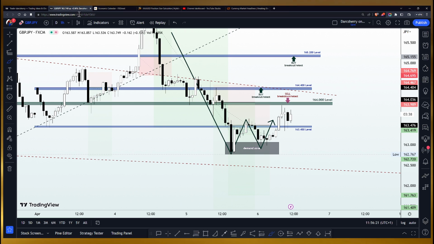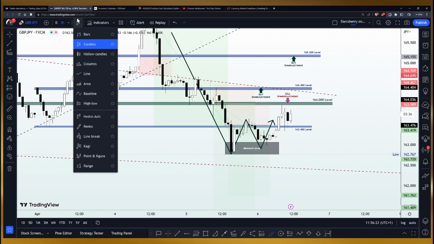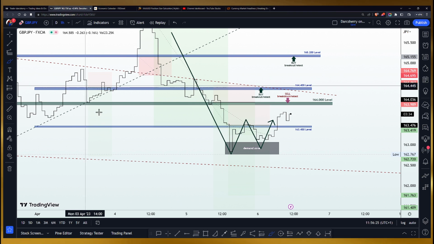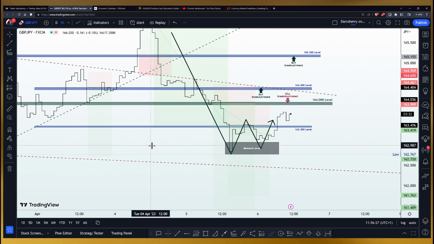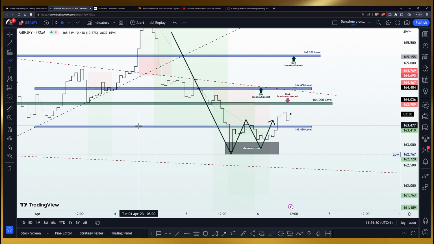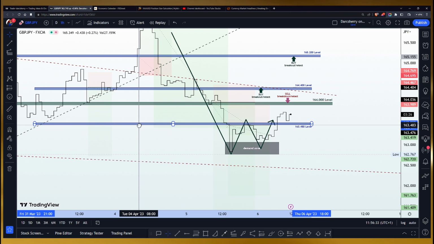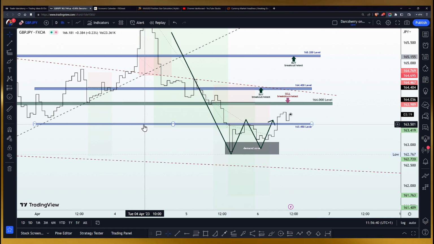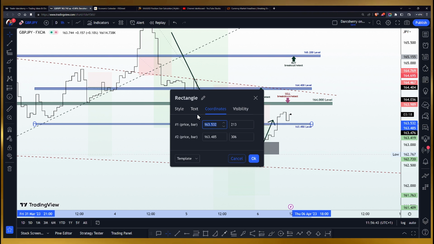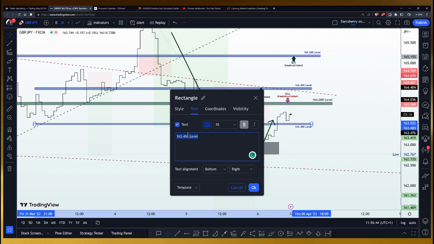Then if we bring out our line chart here so that we can acknowledge the neckline of that reversal pattern, you will see that we have it somewhere right around this area. Hold on a second, let me find the resistance line here. So we have it just right around the 163.500 level, which I would like to readjust right now so that we can have better clarity into what our expectations are for today.